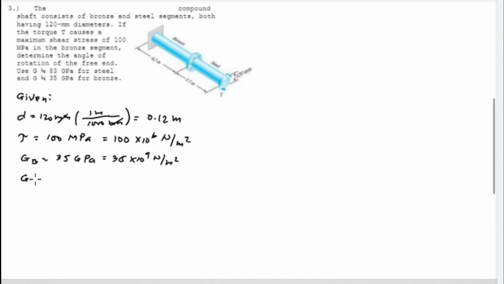Shear modulus for steel is equivalent to 83 gigapascal, or 83 times 10 to the power 9 Newton per meter squared. We have the length for bronze, which is equivalent to 4.5 meters.